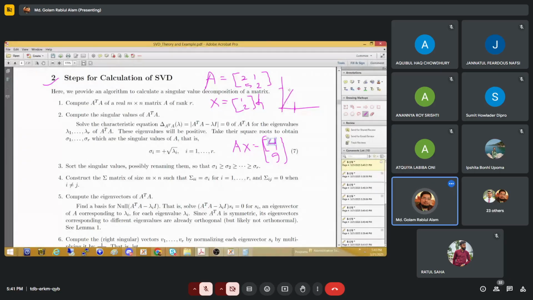This is our vector X. Now if we multiply this vector with this matrix A, we will get another vector, the resultant vector. You can see in that case it is 4 and 9. Maybe you can say 1, 2, 3, 4, and 9.